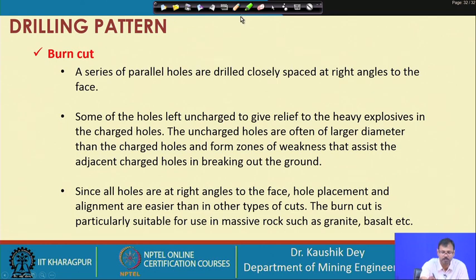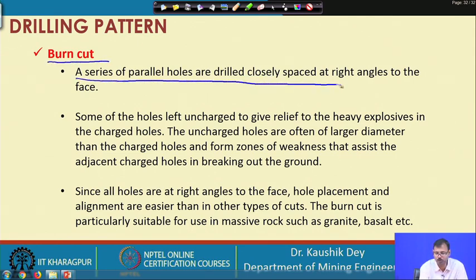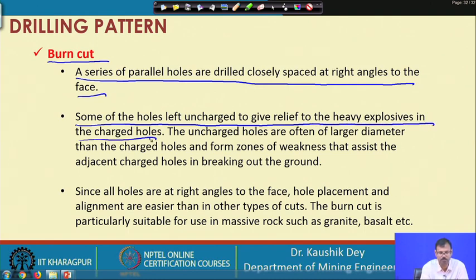So, let us observe what is there in the burn cut. In the burn cut, a series of parallel holes are drilled closely spaced at right angle to the face. Some of the holes are left uncharged to give relief to the heavy explosive in the charged holes. So, basically those uncharged holes act as the free face to the first few charged holes.